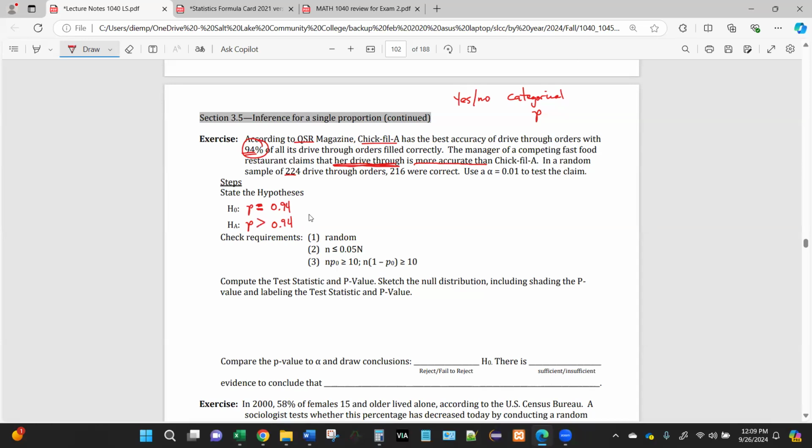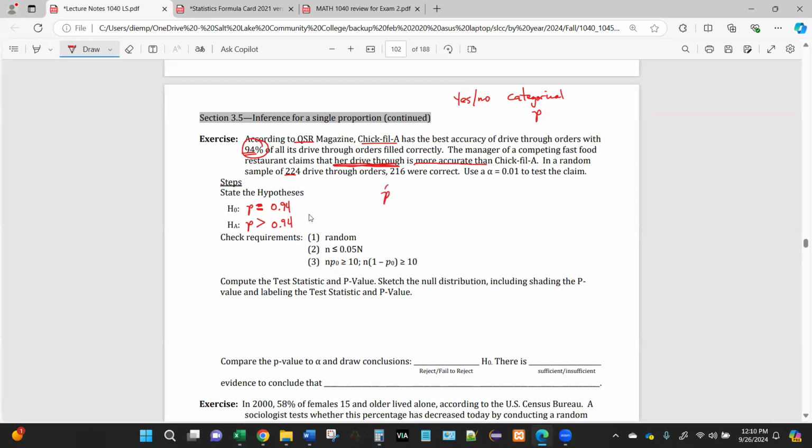So I'll have a greater than. Okay. So the skeptic's hypothesis is no, her system isn't better. The alternative is that yes, her system is better. And we like the skeptic's hypothesis there because just because she says it's more accurate doesn't mean that everybody in that industry should invest in her system and change their system, right? You want to make sure it works before you adopt these new techniques.